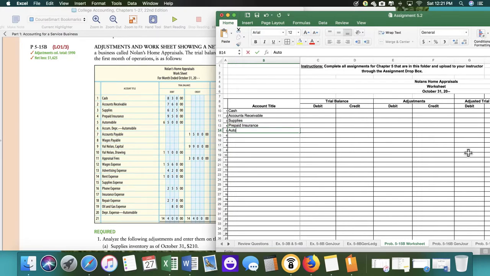And then you're also going to enter in the amounts given. I'm going to go ahead and pause the video while I finish entering in the account information.